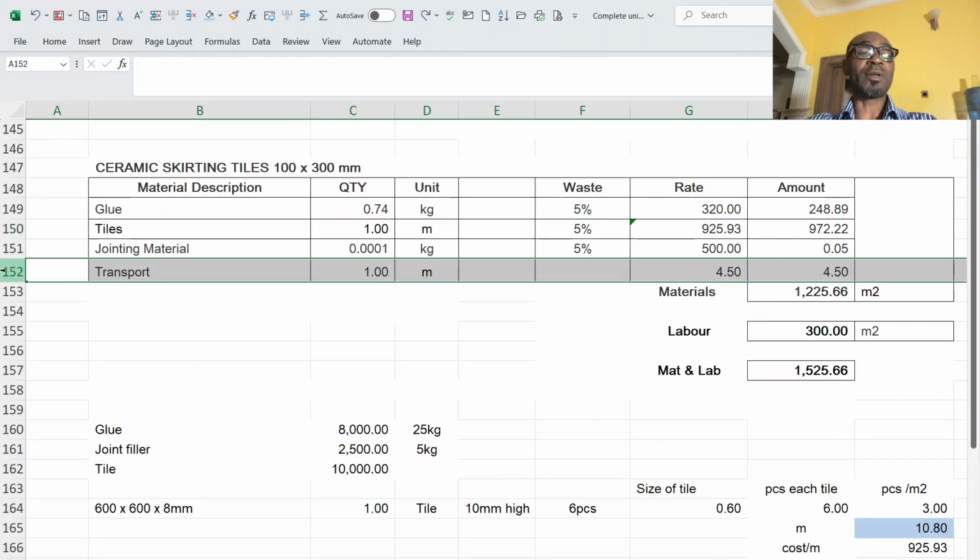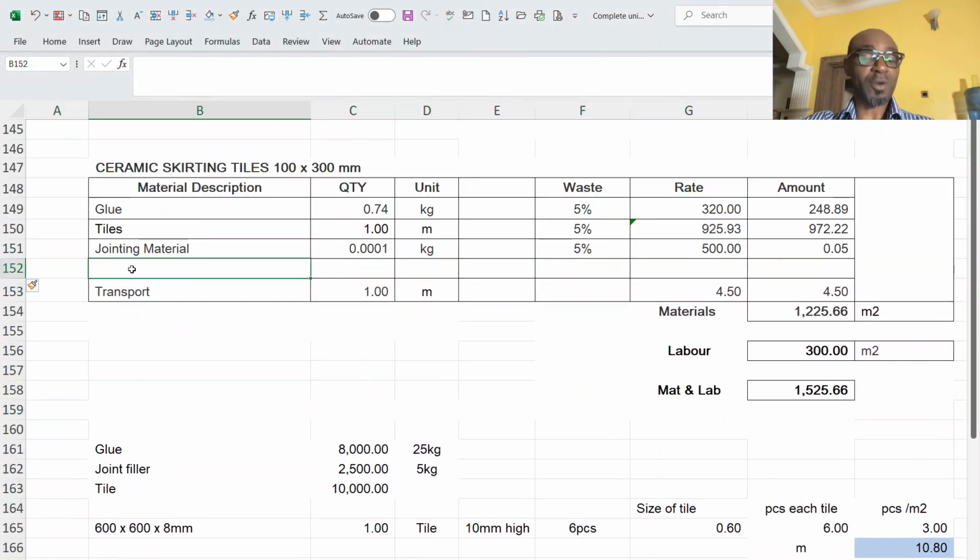So you create another row here and put the cost of edge preparation per linear meter.